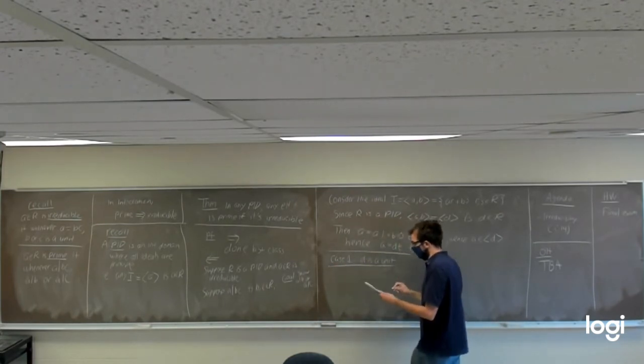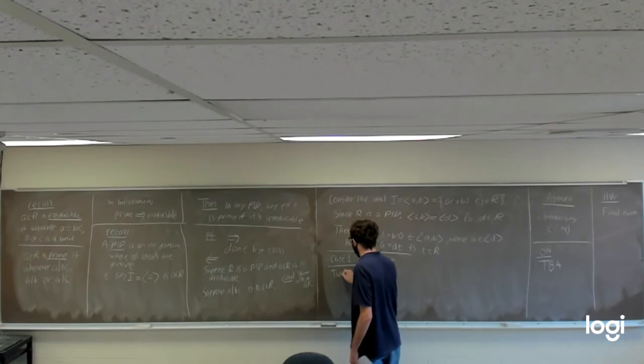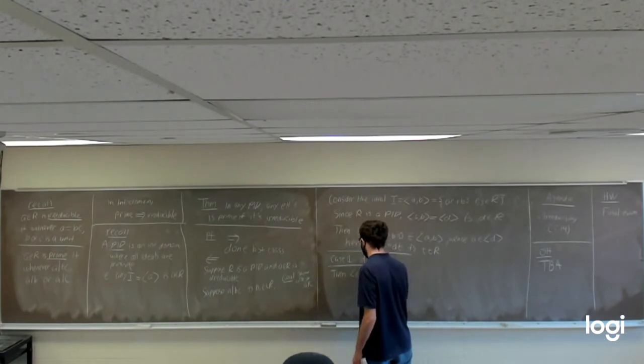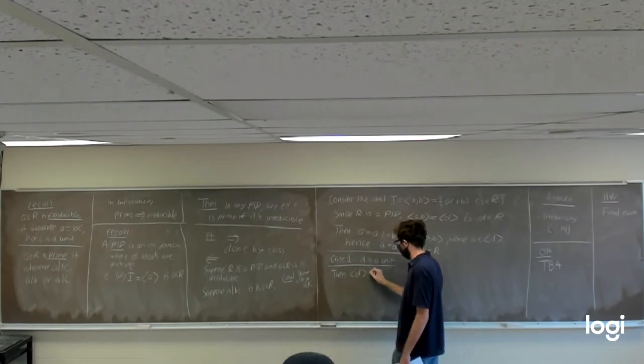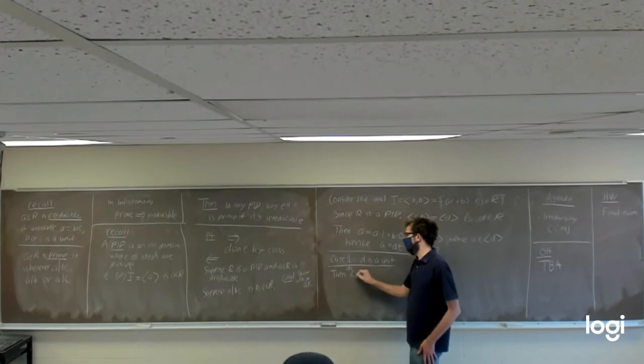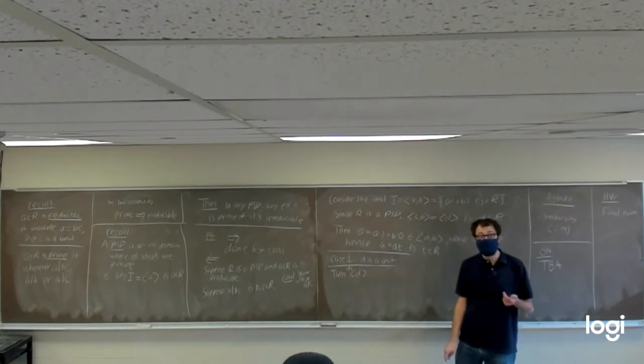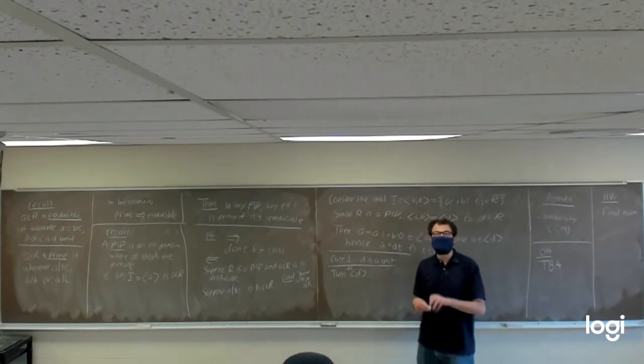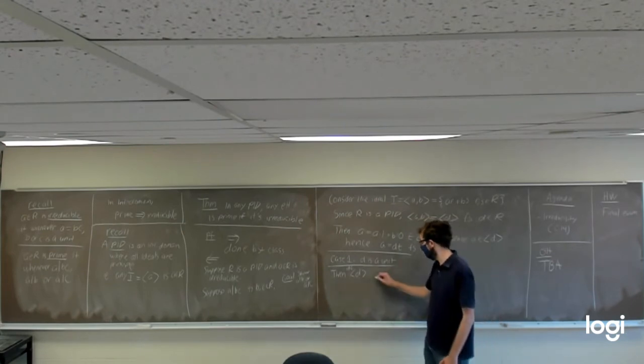Well, if D is a unit, then what do we know about the ideal generated by D? Well, we know D is an element in this ideal, and if D is a unit, remember, we said that anytime you're looking at an ideal that contains a unit, that ideal has to be the entire ring.